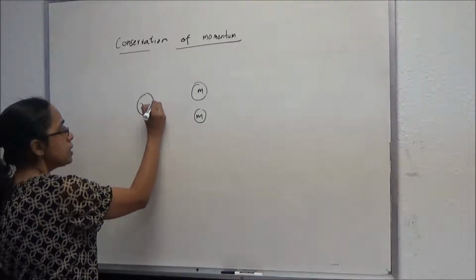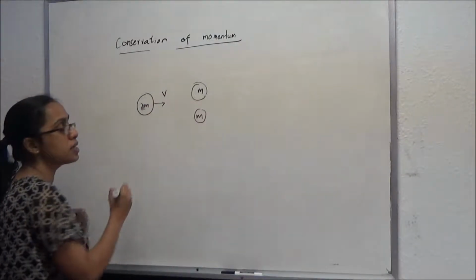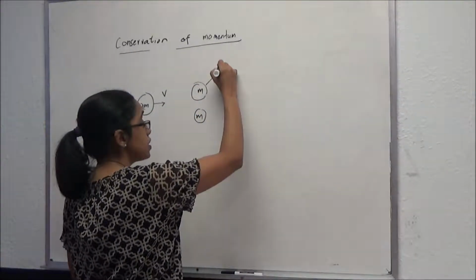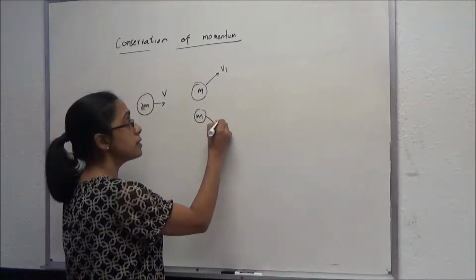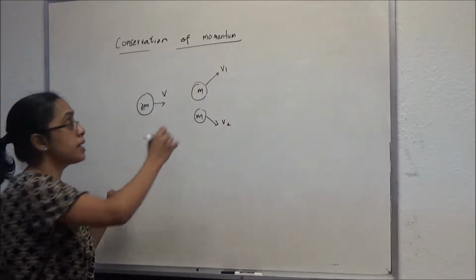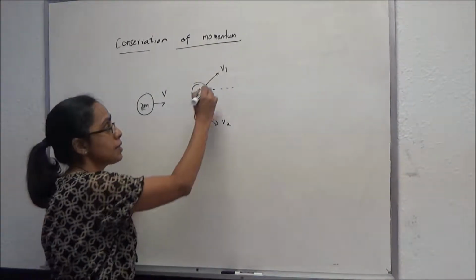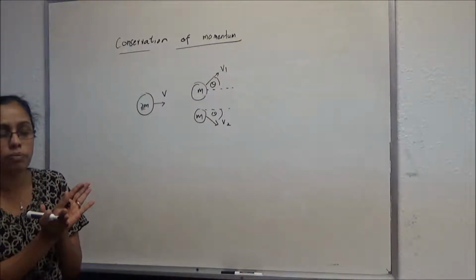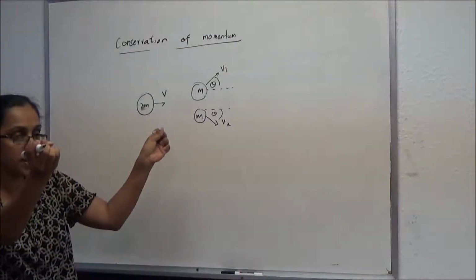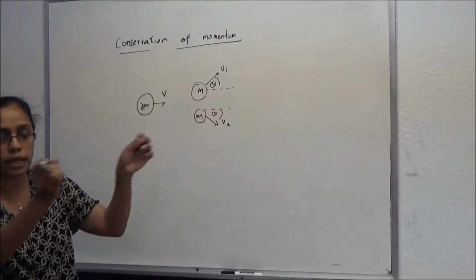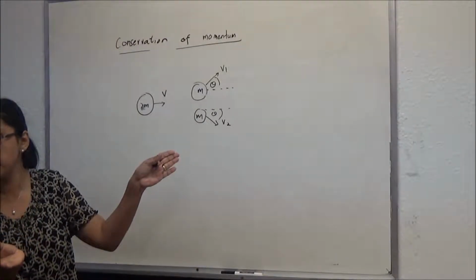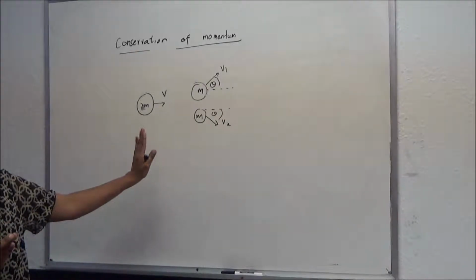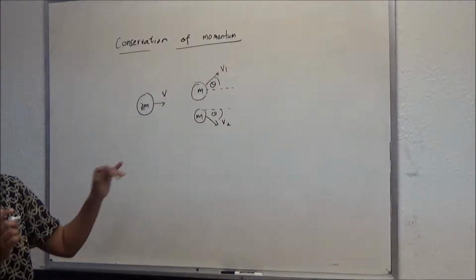Alright? Assume that this was initially moving in the forward direction, and upon explosion this one moved this way and this one moved this way. And let's assume that both angles were the same, that they exploded at the same angles to two opposite directions. Right, now how do you use the conservation of momentum for this?